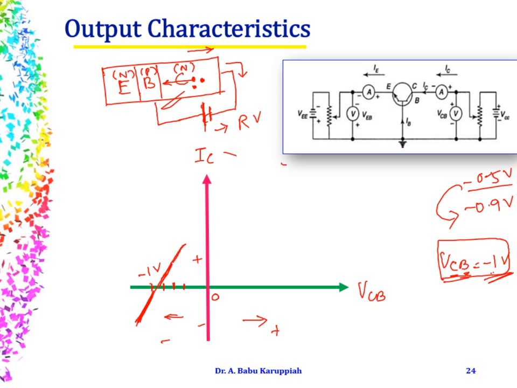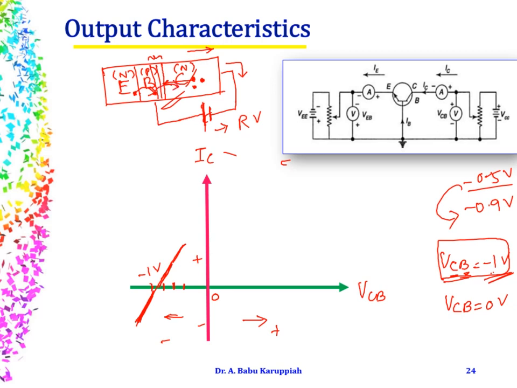And at one point, say VCB equal to 0 volt, the emitter current starts flowing. This we had already seen in input characteristics. Even if you don't give any collector base voltage, when the collector base voltage is 0, you will have the electrons from the emitter flowing into the base, and due to the barrier potential, the voltage developed across this depletion region, these electrons will be pulled to the collector region.